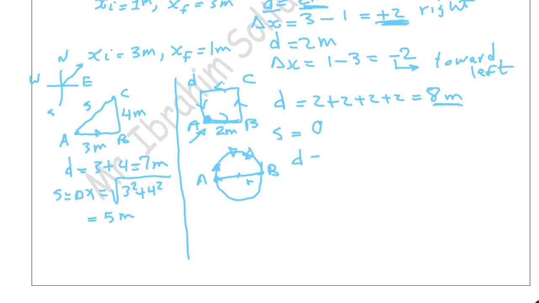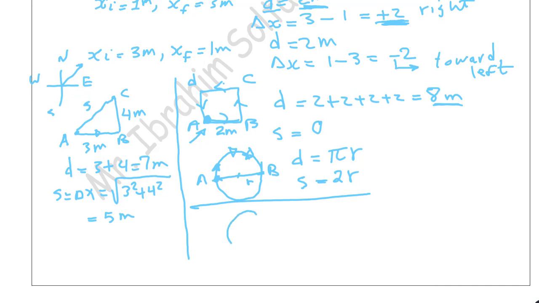So the distance here equals 2 pi r over 2, so it equals pi r, because the circumference is 2 pi r and you move half of it. And the displacement here is the shortest line between the start and the end points, so it equals 2r, the diameter. Got it?